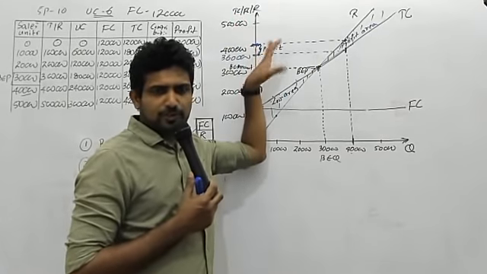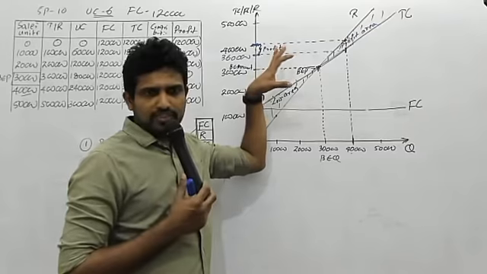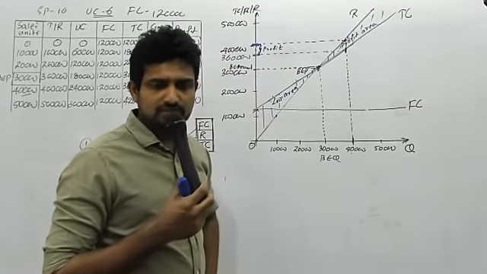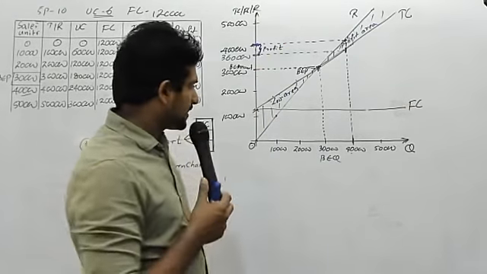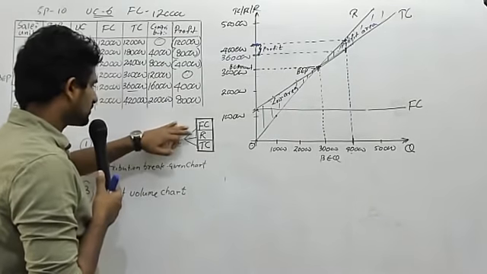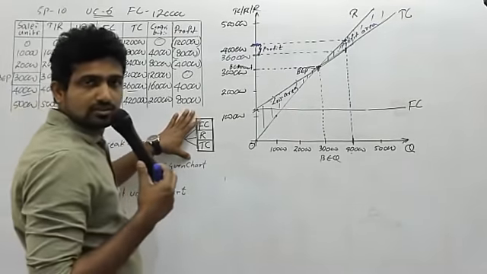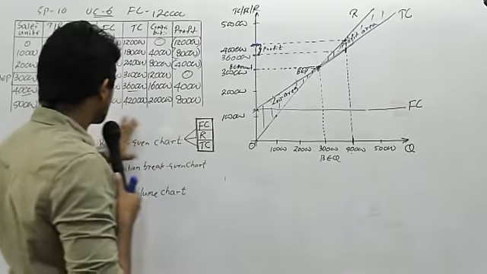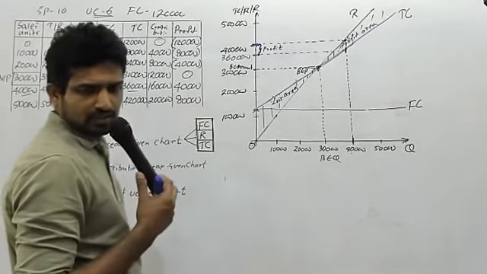See the difference between the revenue and the cost. The difference is the profit. Anyway, this is the diagram where fixed cost, revenue and total cost lines are shown. This is called a break even chart.